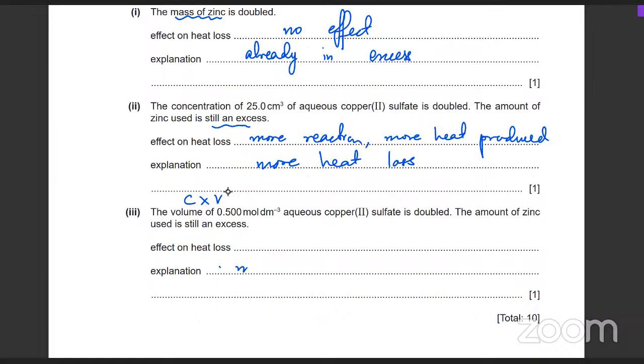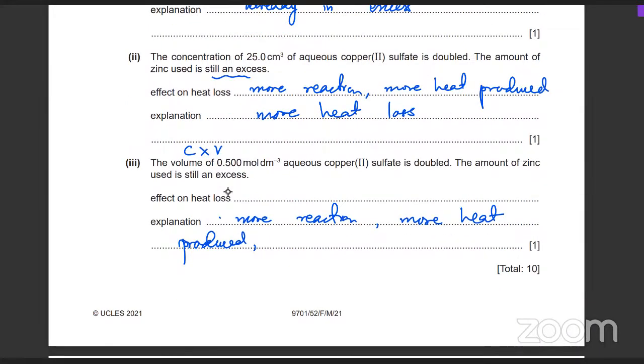So there's going to be more reaction, more heat is going to be produced. So there's definitely going to be more heat produced. But will there be more heat loss or not? There's obviously more heat being produced. Heat loss kind of remains the same, and there's a reason for that.